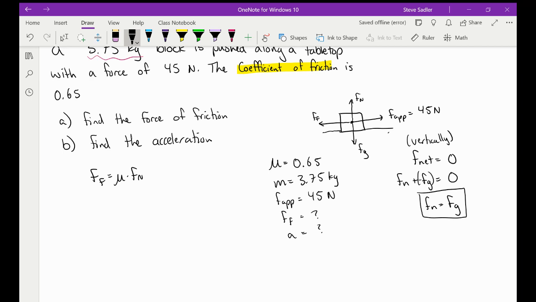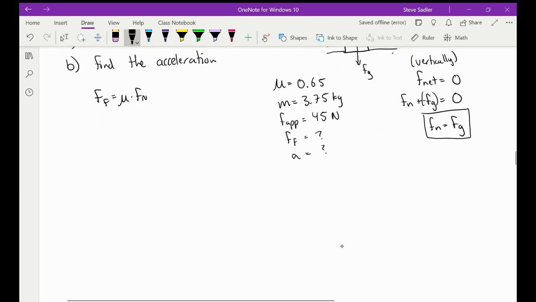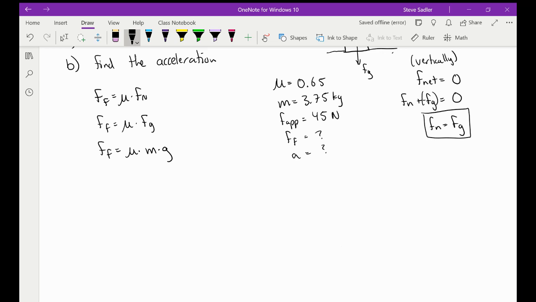So in this case, we can say, well, I don't know the normal force, but I do know that I can substitute that with Fg. And I know that Fg is equal to mass times gravity. So now I have an equation here. Force of friction is equal to mu multiplied by mass multiplied by g, which is a constant.